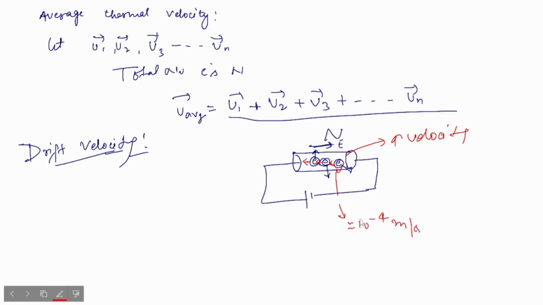This velocity of the electron is known as drift velocity, which is represented by vector v_d, and its direction is opposite to the direction of the electric field, or you can say current. So this was drift velocity.